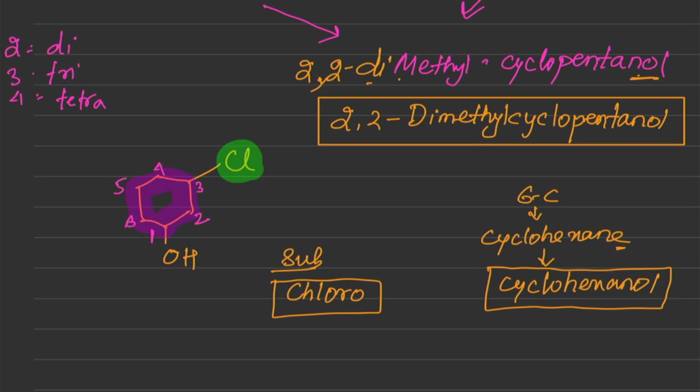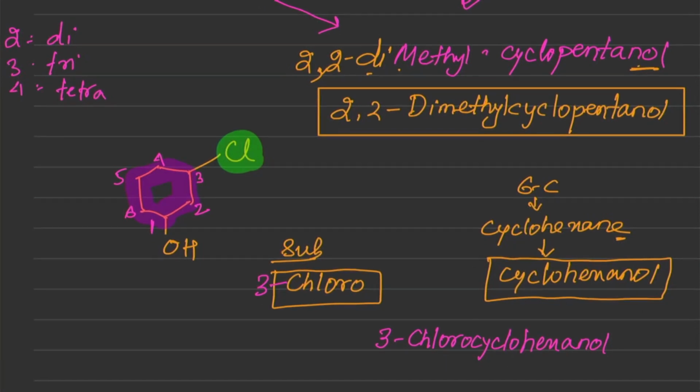If I had gone the other way, it would be 2, 3, 4, 5. So 3 versus 5, obviously 3 is smaller. So let's call it 3-chlorocyclohexanol. That is our final answer.